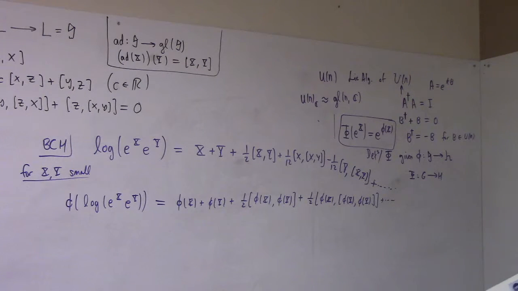And so this we can also write as what? This is log of e to the phi of x, e to the phi of y, using Baker-Campbell-Hausdorff with x replaced with phi of x and y replaced with phi of y.